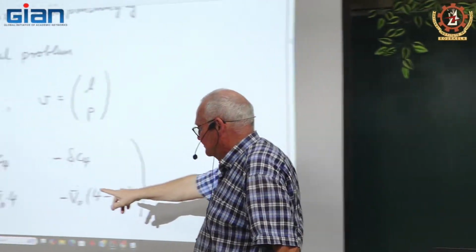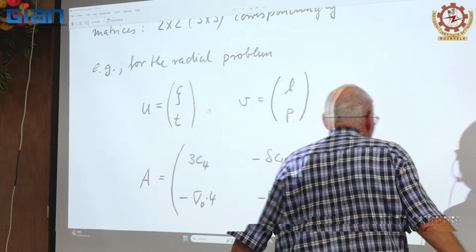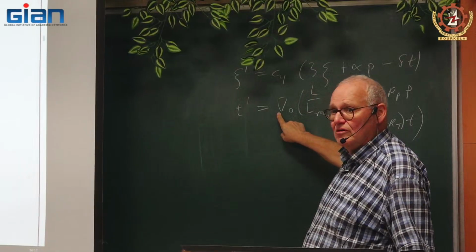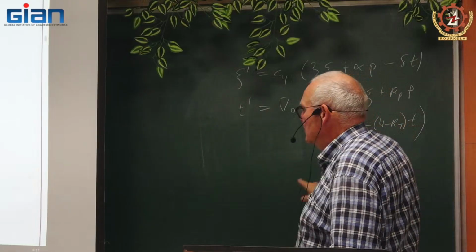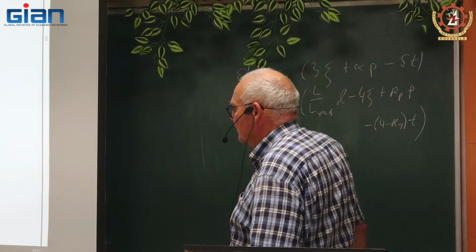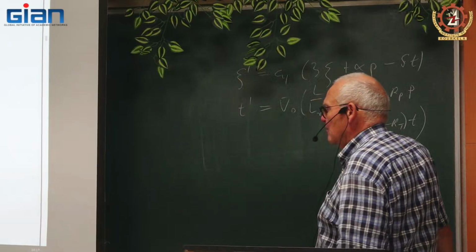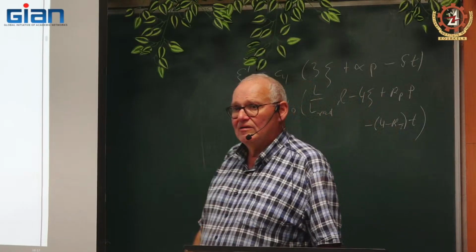And the second row here is minus 4 times nabla 0, and the coefficient of the fourth component is 4 minus kappa t times nabla 0.